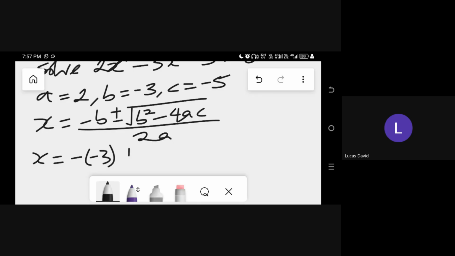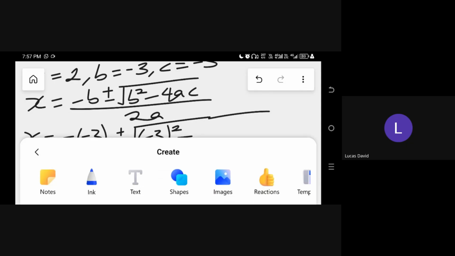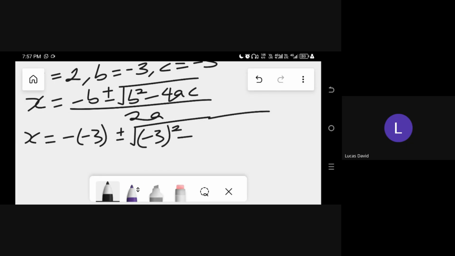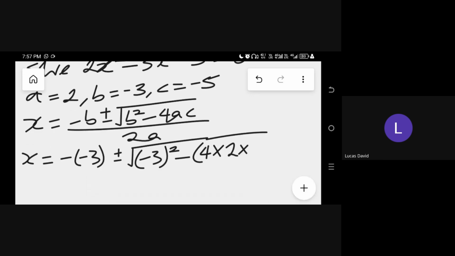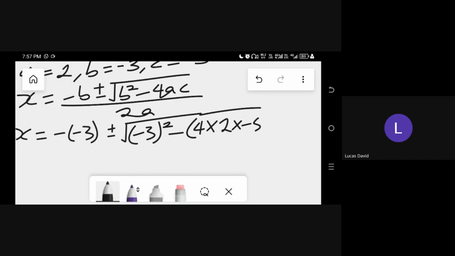Then plus or minus square root of B squared, that's minus 3 squared. I already explained to you guys how to use that on your calculator so you don't have the wrong answer. Minus 3 squared, then minus 4 times A, which is 2, times C. Our C is minus 5, so times minus 5, all over 2 times 2.